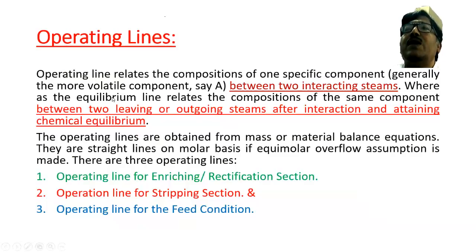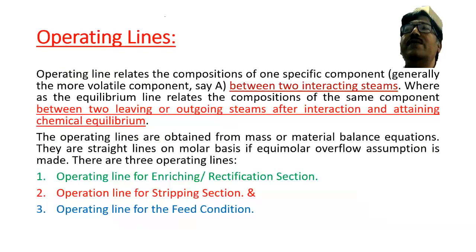So first of all, let us understand what operating lines are and how they differ from equilibrium lines. Operating lines relate the composition of one specific component, generally in distillation the more volatile component, say A, between two interacting streams.